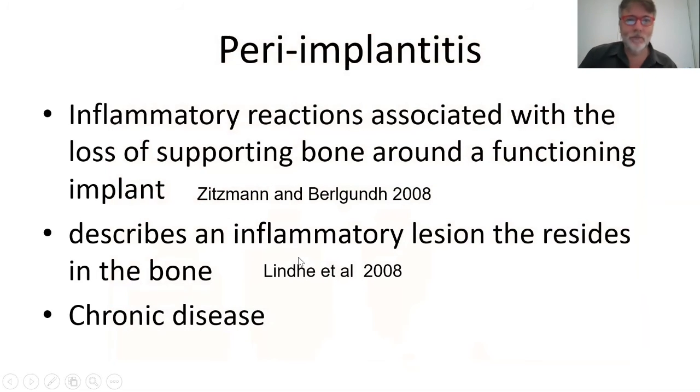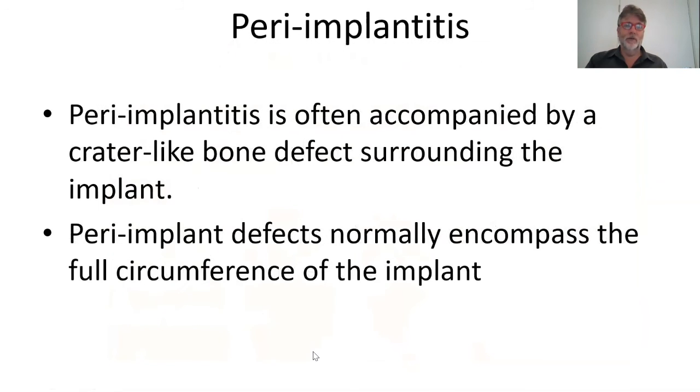All right. Peri-implantitis: inflammatory reactions associated with the loss of bone around a functioning implant. Again, these have been known for a while now, over 10 years. It describes an inflammatory region that resides in the bone. And it's a chronic disease, although it's quite rapidly progressing.